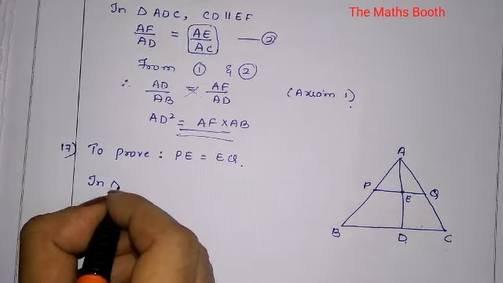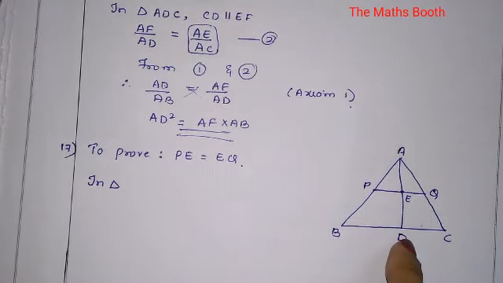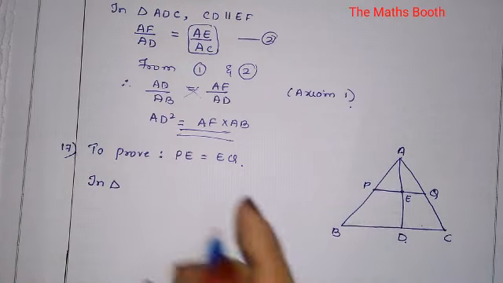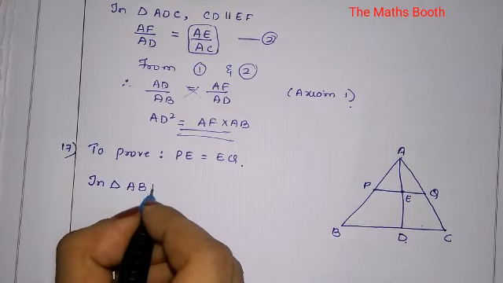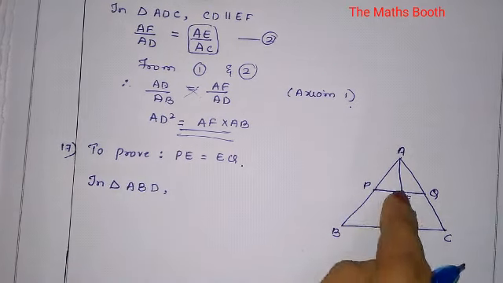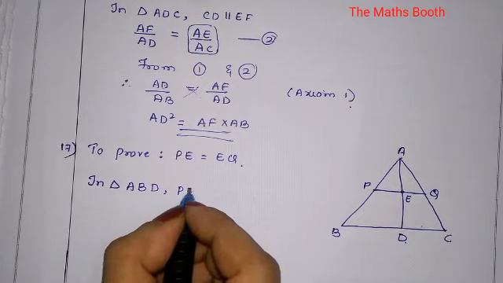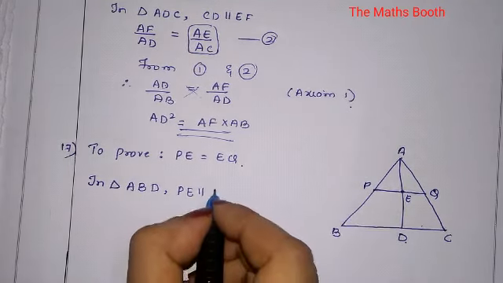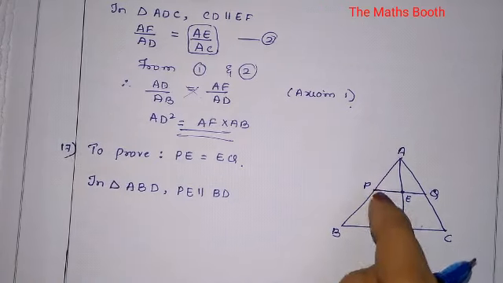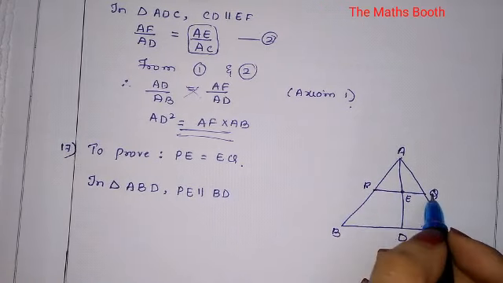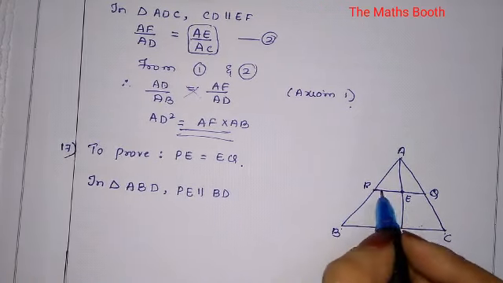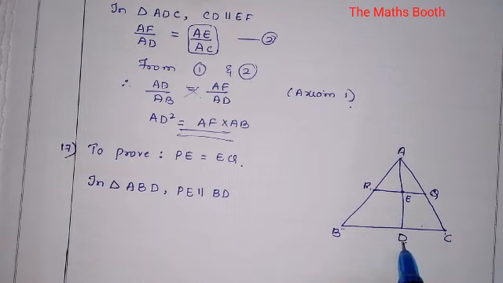In triangle ABD, the half side triangle I'll take, PE parallel to BD. Why? Because it is told in the question PQ is parallel to BC, then PE is parallel to BD.